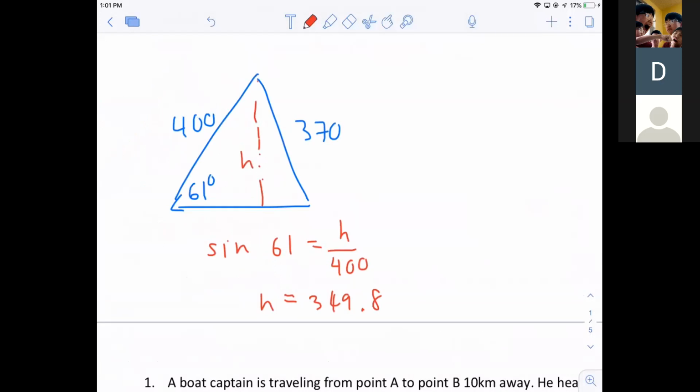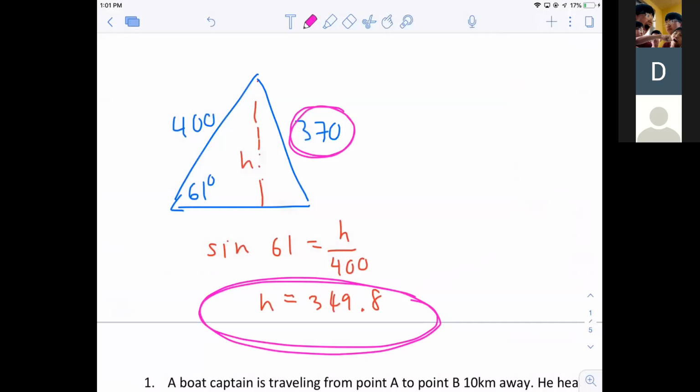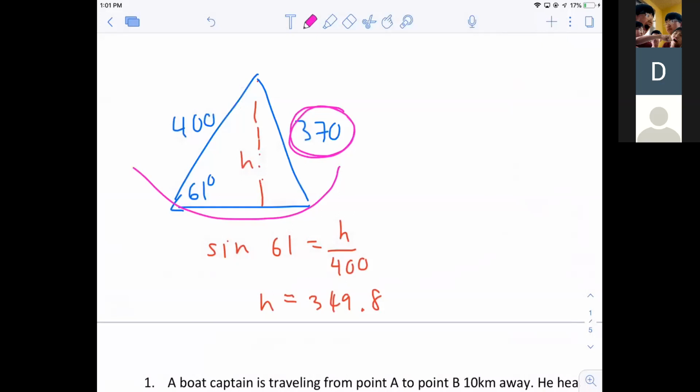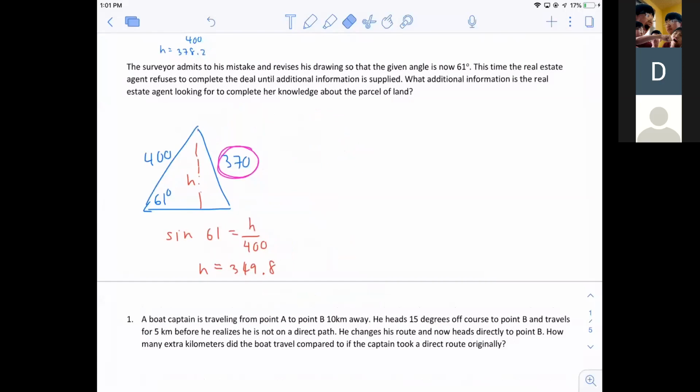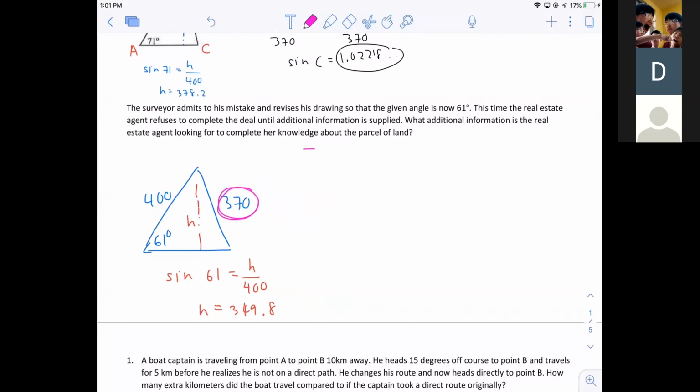So if you'll notice, this 370 is in between the value of h and the value of a, right? So that means it's possible to swing this 370 around and have a triangle that looks like this. So this is the ambiguous case. There are two possible triangles that can be drawn here. So we need more information.